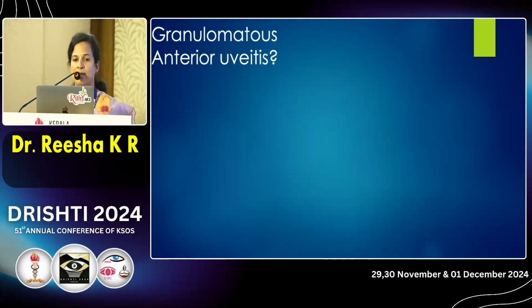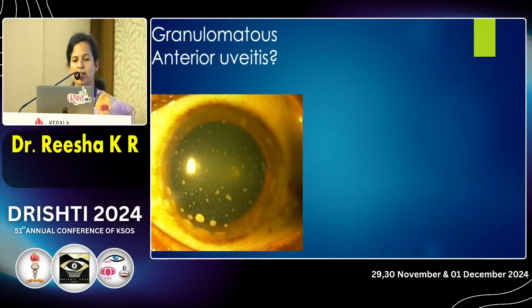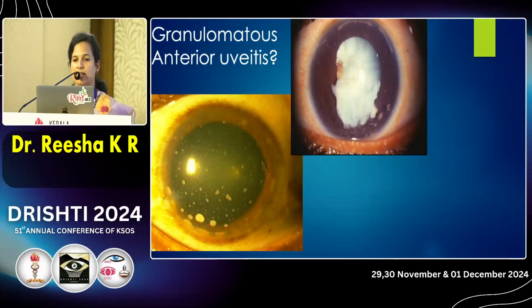I'll show you some examples. This is a case of granulomatous anterior uveitis with mutton fat KPs and Busacca nodules on the iris. So rule out TB and sarcoidosis in this type of uveitis. See another granulomatous looking lesion, but we can clearly see a mature cataract behind.